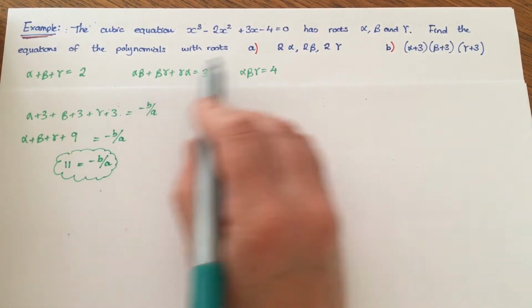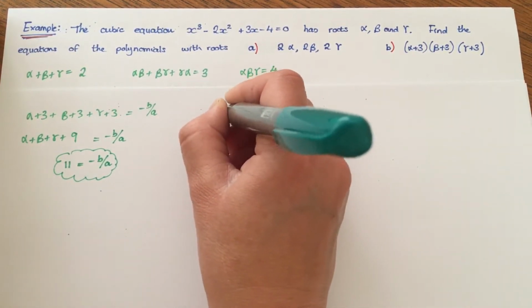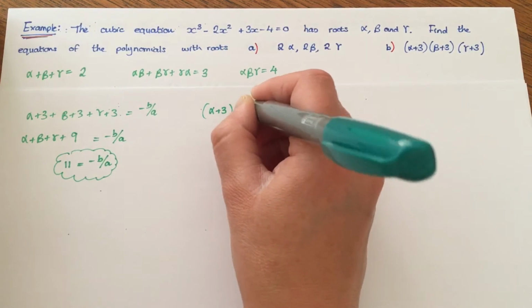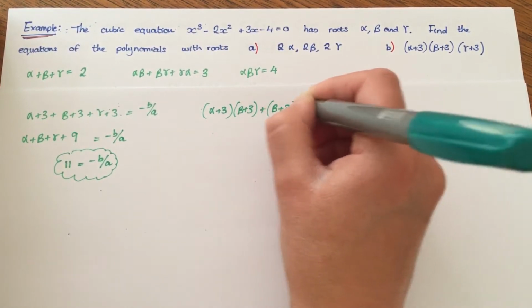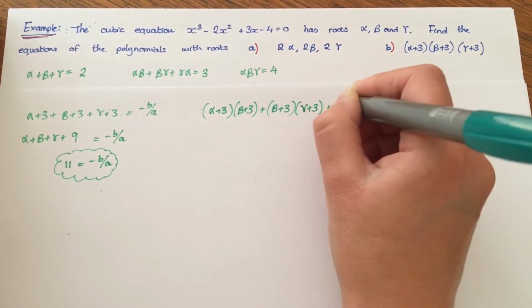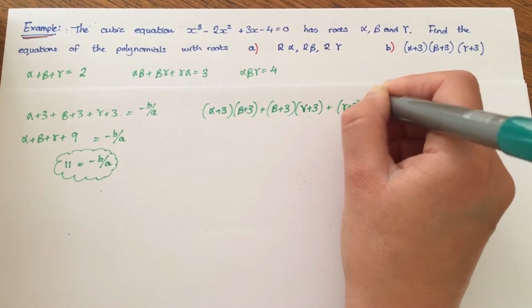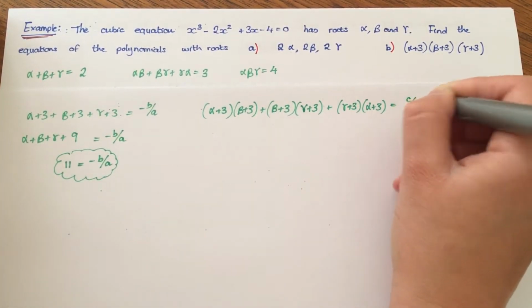For this version then, but with these roots here, I would have alpha plus 3, beta plus 3, plus beta plus 3, gamma plus 3, plus gamma plus 3, alpha plus 3. And that would be equal to c over a for the new equation.